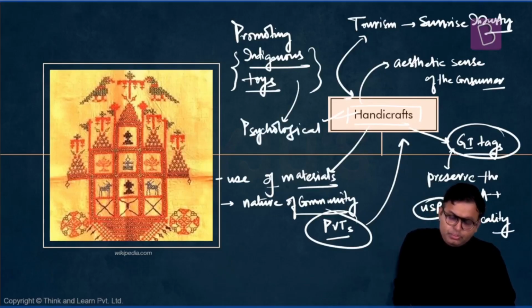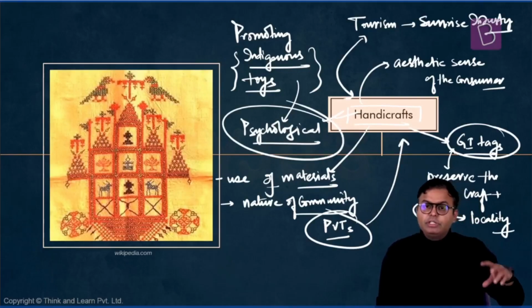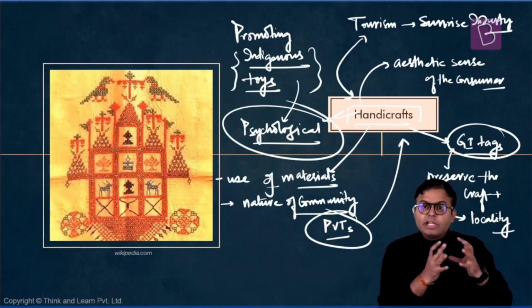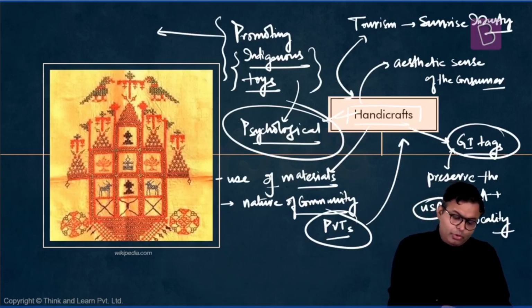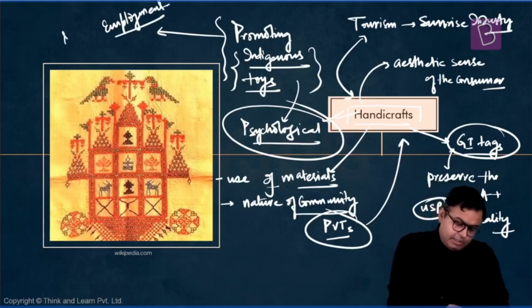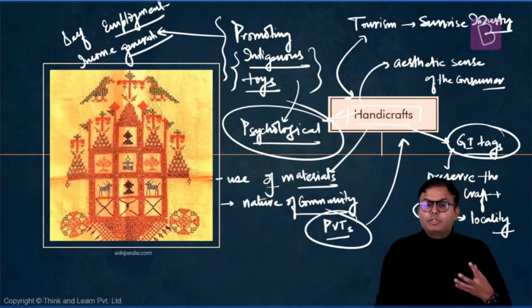For example, if you consume more and more of indigenous toys, then you develop a liking with the local culture. So that is the psychology behind popularizing, and also with the sense of giving more employment opportunities, with the sense of promoting a sense of self-employment, income generation among various groups which have otherwise been ignored.